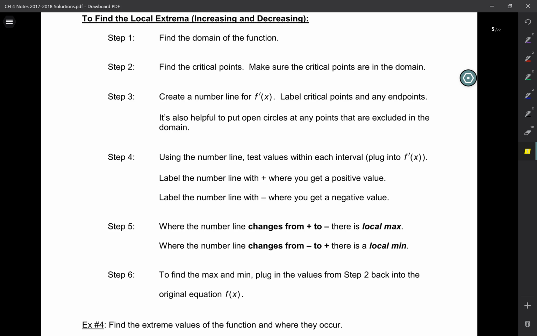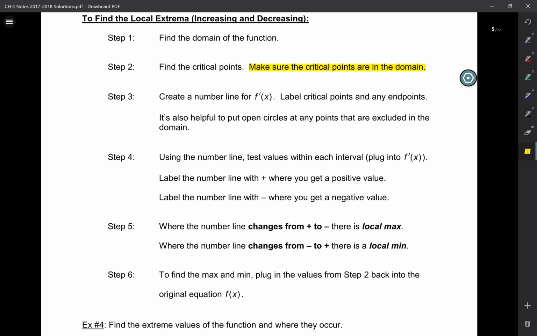So make sure the critical points are in the domain. If you're looking at a domain of like -3 to 5, and x equals 10 is a critical point, you throw that away. You just want the critical points in your domain. Most of the time you will be fine, or if the domain is all reals, then it all works.